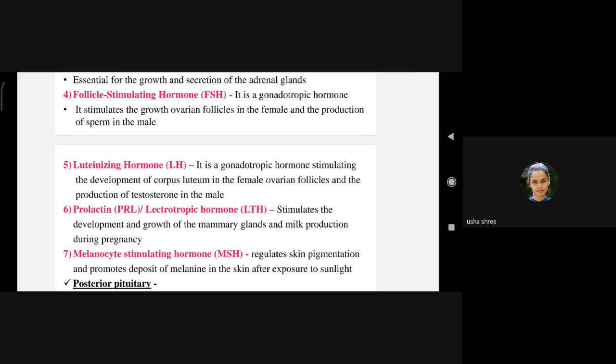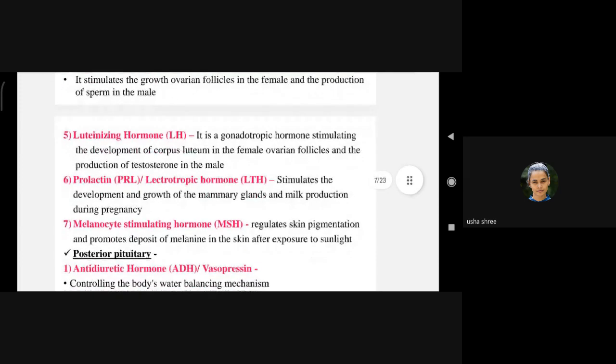What does prolactin do in male? So prolactin has a function in male too. It has a function in sperm. The quality of sperm and the production of sperm is also having a factor of prolactin.